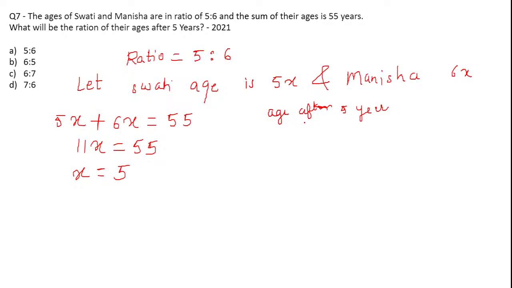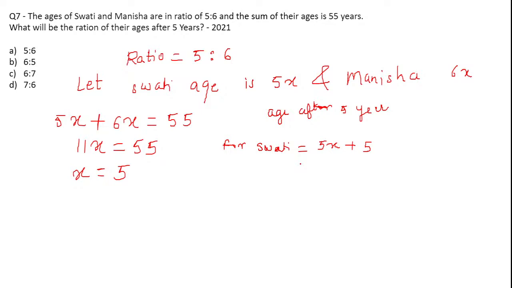Swati's age will be 5x plus 5. Okay, so we know the value of x, that is 5. So 25 plus 5 is 30.